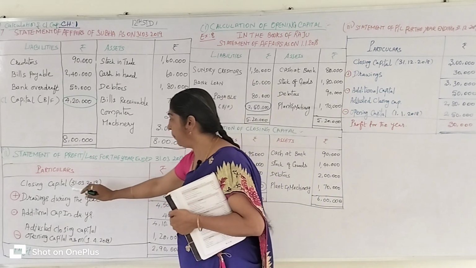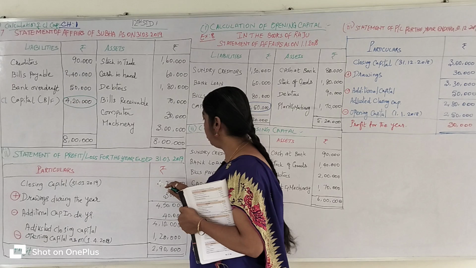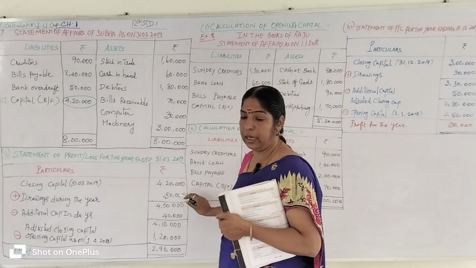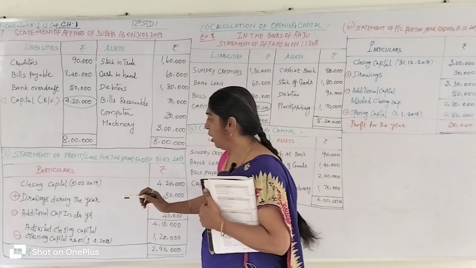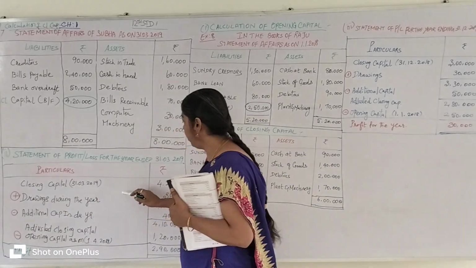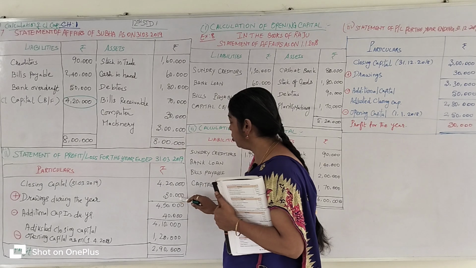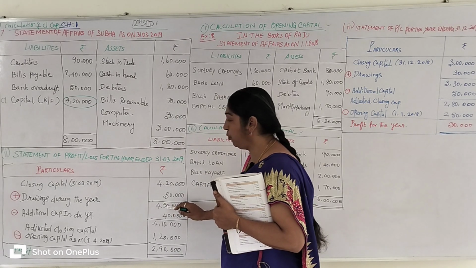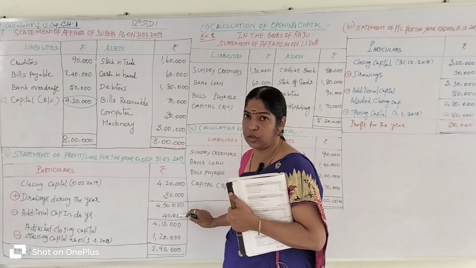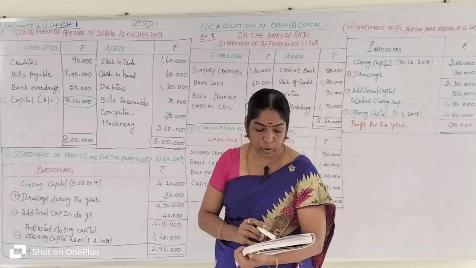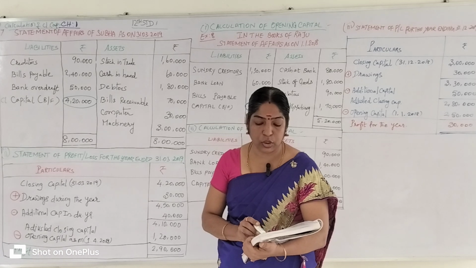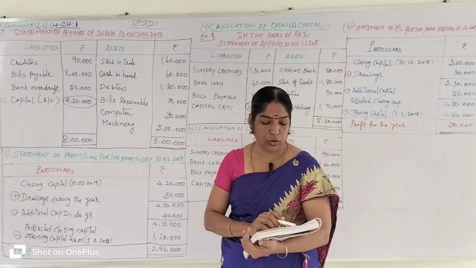Drawings during the year, they gave in the question, 30,000 rupees. So add the drawings with the closing capital together, and you will get 4,50,000 rupees.